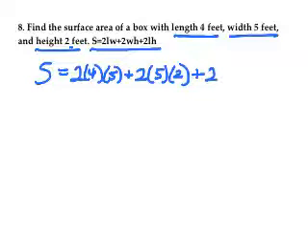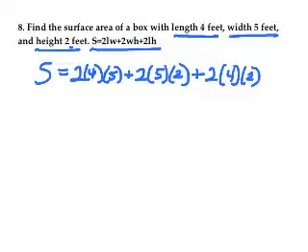So 2 times the length, 4 feet, times the height, which is 2 feet. See, so actually it's quite easy. Just plug the correct numbers into the formula. You have to know that L means length, W means width, and H means height. But that's all there is to it.